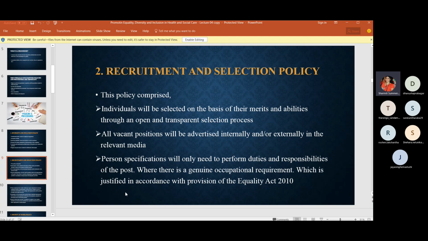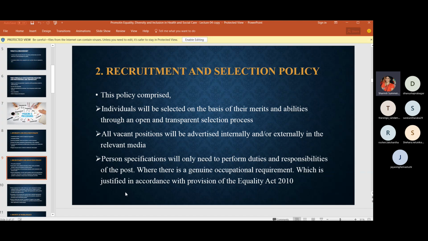But still there are some problems. Some people get the job by recommendations, if they have close contacts or recommended people for that particular job.